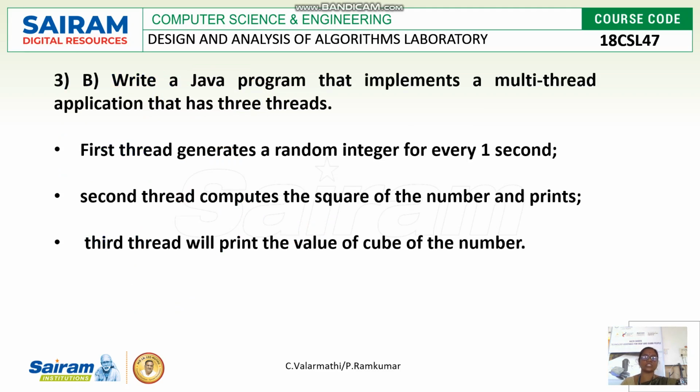Likewise it goes on. Coming to our execution, the question for this laboratory experiment is: write a Java program that implements a multi-threaded application that has three threads. The first thread should generate a random integer every 1 second.